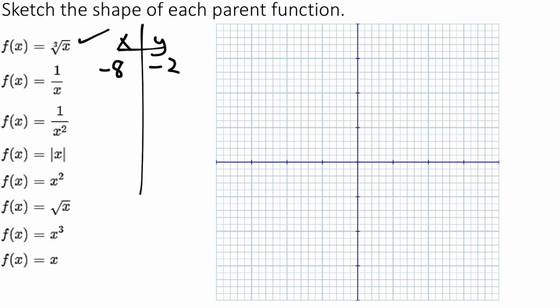The cube root of negative 1 is negative 1. The cube root of 0 is 0. The cube root of 1 is 1. And the cube root of 8 is 2. So if I just put these points on here, I can get a pretty good idea of what this guy looks like.